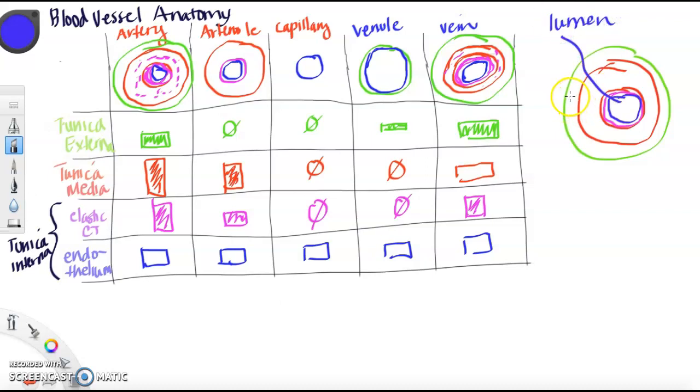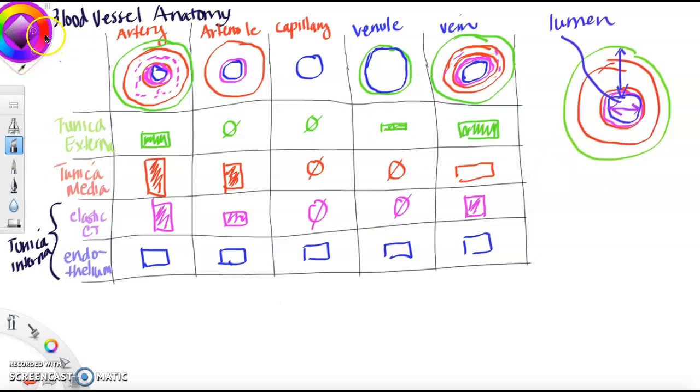That's the hole. And then this wall of the vessel can be thick, can be thin, or whatever. So there's a dimension there. And then there's also how big the lumen is. Different vessels have different size walls and different size lumens.